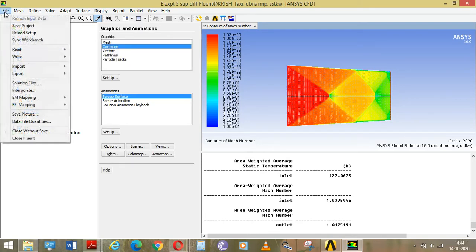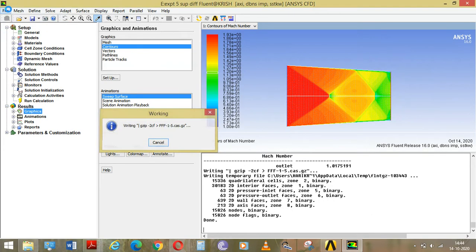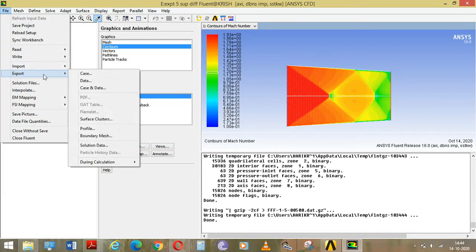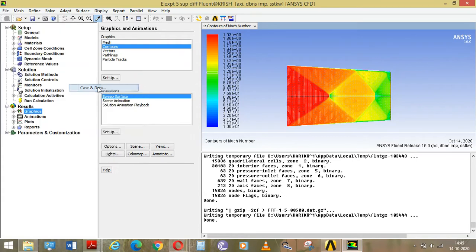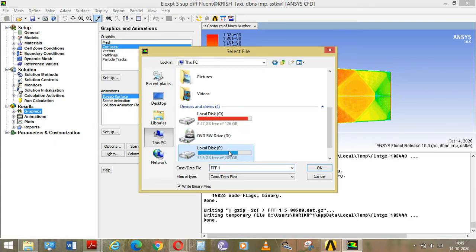So you can save the project like this. Another better way to save your project is to export your case and data. You select whichever folder you want.